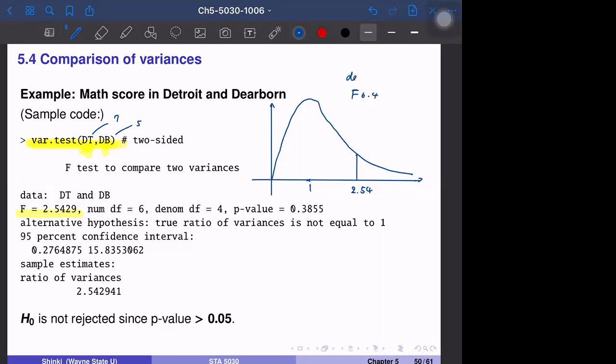So the density of this F(6,4) is this curve. Then the p-value is defined by this area times 2. So suppose this is, say, some number, A, then the p-value is 2 times A.